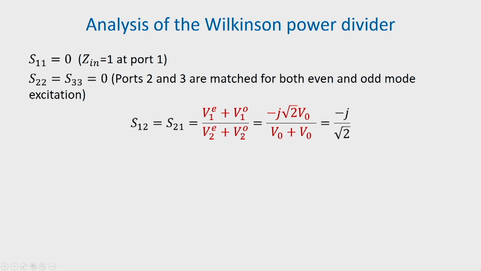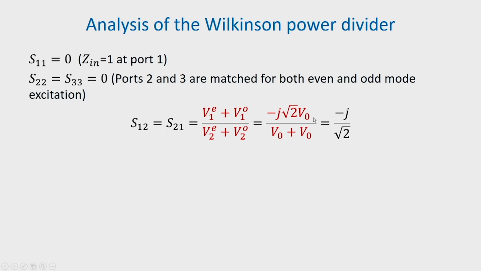So, we have seen V1O is 0, V1E was minus j root 2 V naught, and V2E and V2O both were V naught.